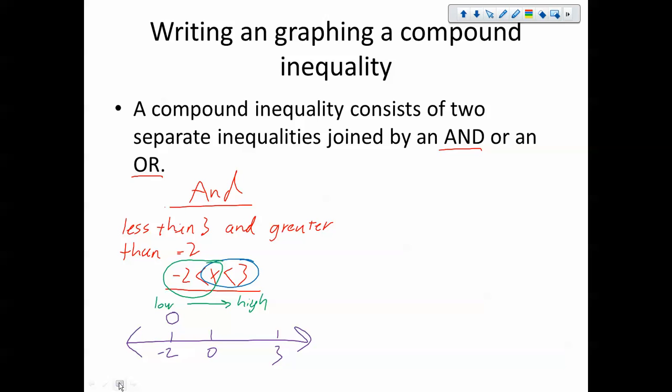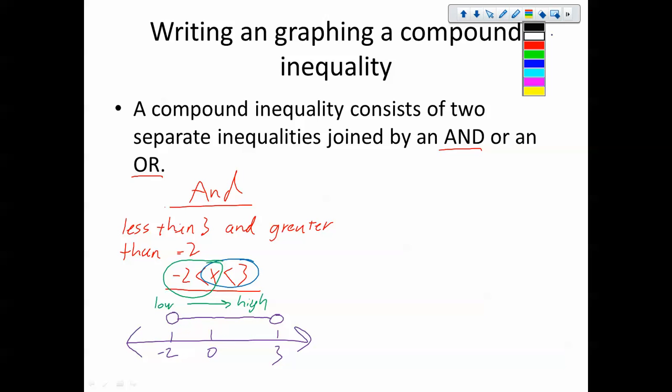So there's open circles on -2 and 3. And since we're representing all numbers in between, we connect the dots like so. So this is a graph that represents -2 is less than x is less than 3. X is the number between -2 and 3.